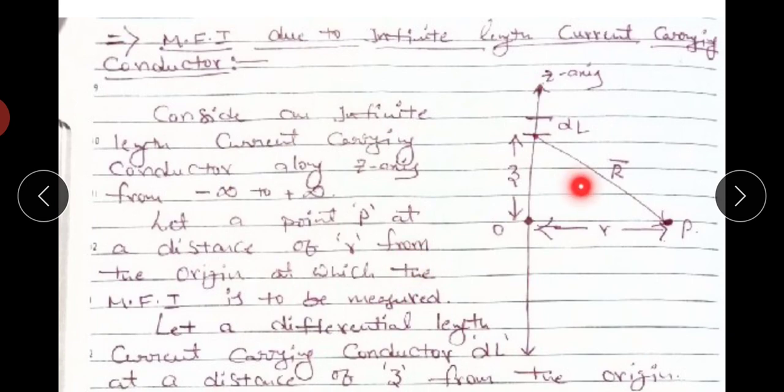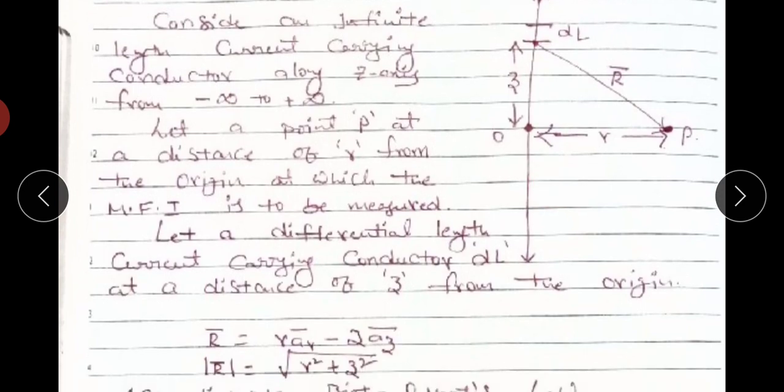The r bar vector is the distance vector between the current element and point P. We can find this vector by adding two vectors. The current element to origin vector equals minus z into az bar.